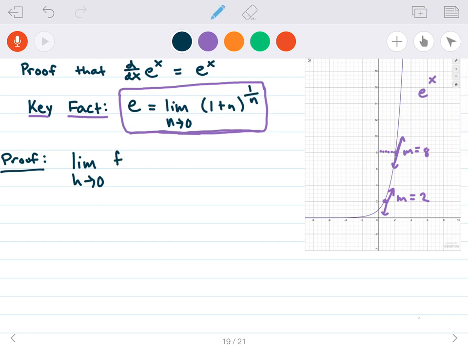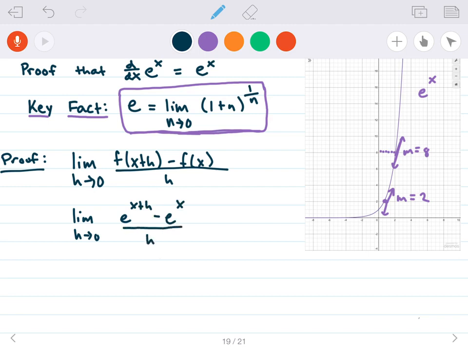So f of x plus h minus f of x all over h. And so in this case, we're trying to find the derivative of e to the x, and so we're just going to input the following here. We're going to say e to the x plus h minus e to the x all over h. And what I can do from here is rewrite this first term, e to the x plus h, using the product rule of exponents.